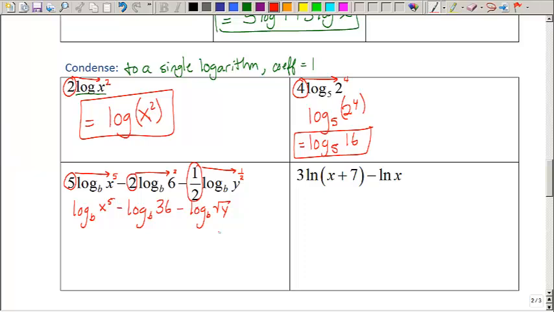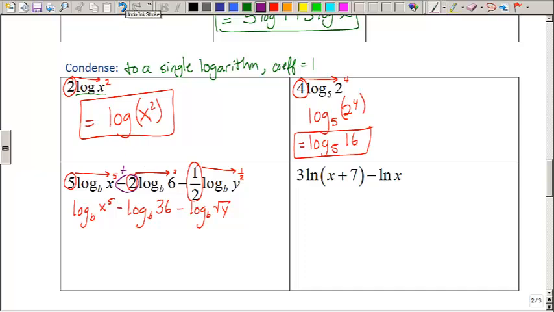So on this problem, I have now used the power rule to get all of the coefficients into the exponent of the argument. At this point, someone in class often says, well, how come you didn't take the -2? Well, I could have possibly taken the -2, and if I did, then I would have to leave a plus sign here instead of a minus sign. It actually doesn't really matter.